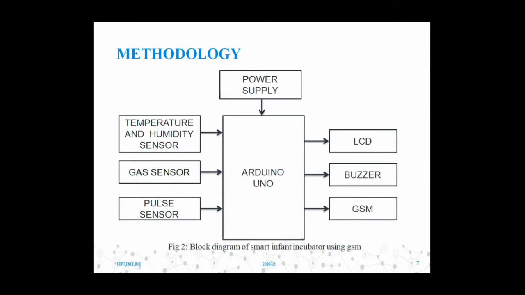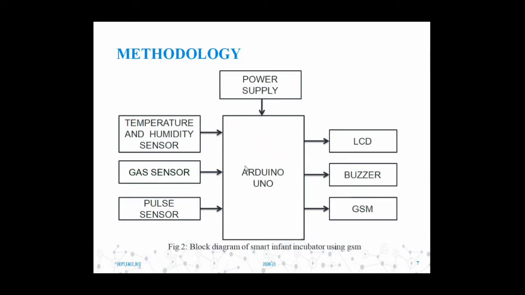Methodology. Figure 2 shows the block diagram of the Smart Infant Incubator. In this, the temperature and humidity sensor, gas sensor and pulse sensor are used, in which they sense temperature, humidity, heartbeat of the infant and also the toxic gas present around the baby, using an IoT application.